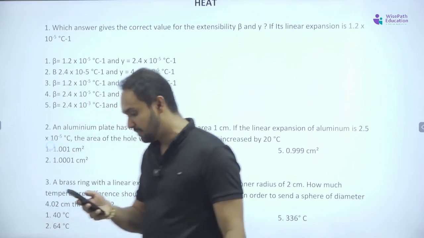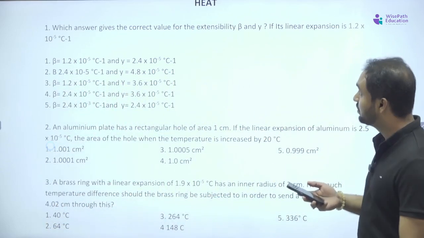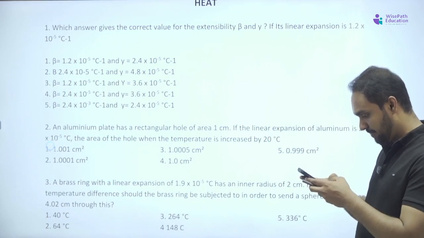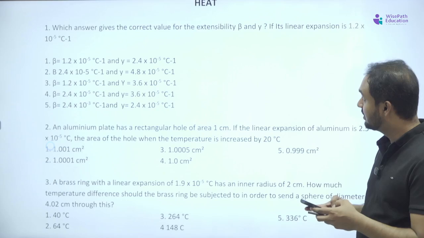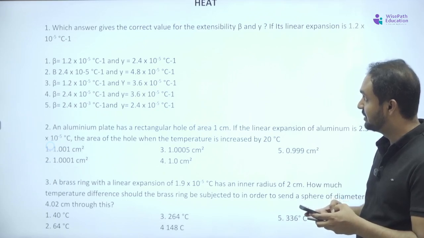If the linear expansion is 1.2 into 10 to the power minus 5, they are asking for the area expansion and the volume expansion, beta and gamma.